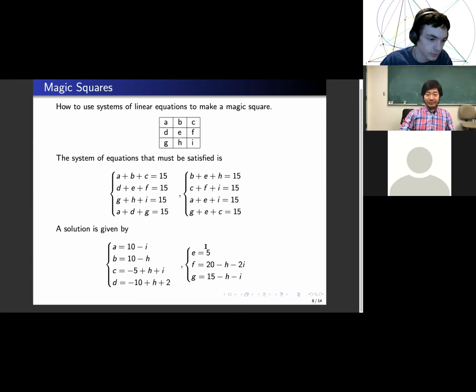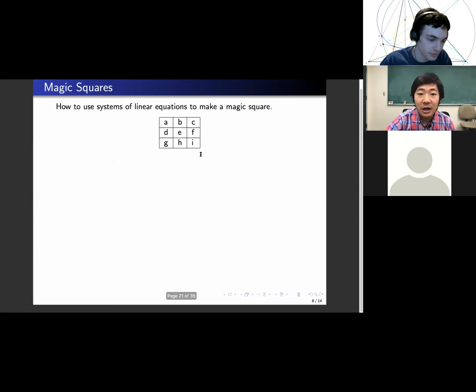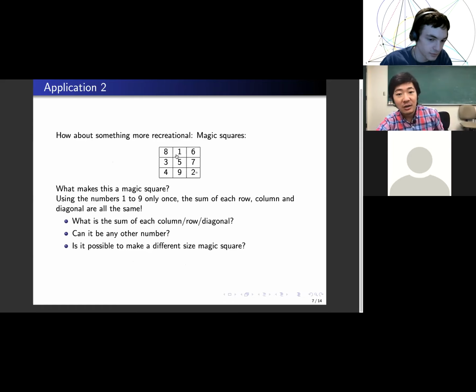But then if you try a bunch of other different combinations that end up working, you'll notice that for the 3 by 3 magic squares, the only possible combinations are just rotations of this configuration and nothing really else. And I guess that proof would be proof by exhaustion, because you just try all possible I's and H's.